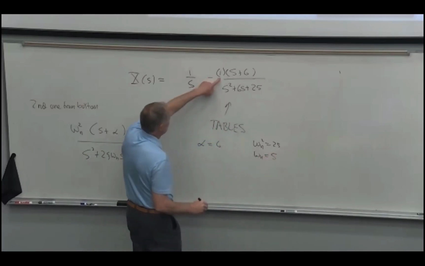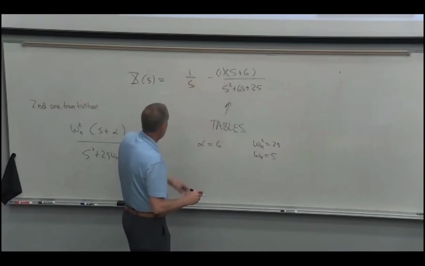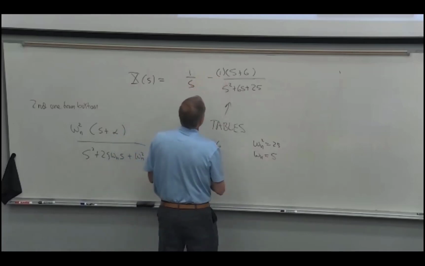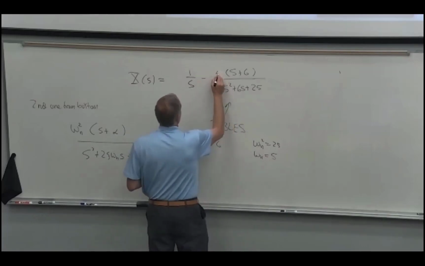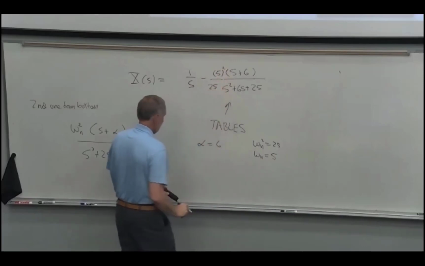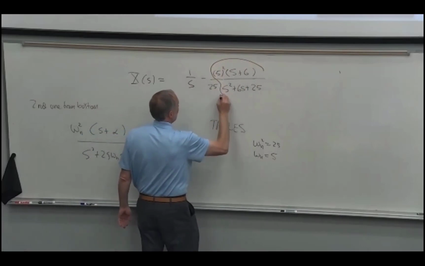Then what do we do about this one here? Well, that one we can fix up because it's just multiplying it by a constant. So what I need to do is write this as 5 squared over 25. And then I look this up in the tables.